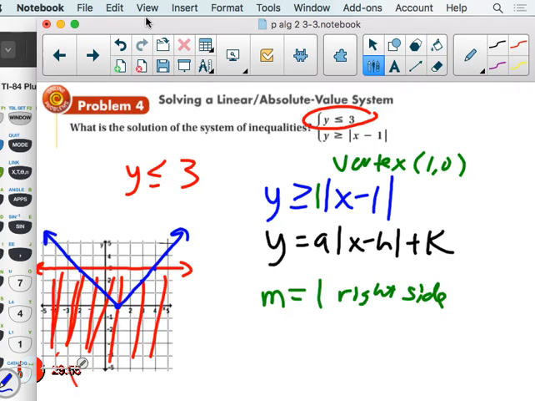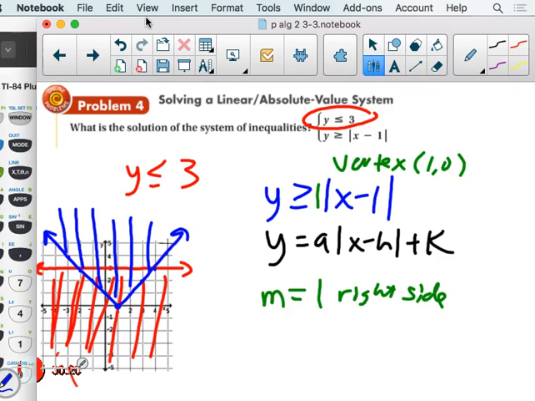There we go. All right. This one is solved for y. It says y is greater than or equal to x minus 1. So where should we shade? Up. Now if we shade up, that's going to be this stuff in here. So what is the shape of our double shading?